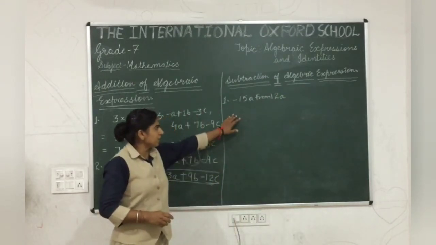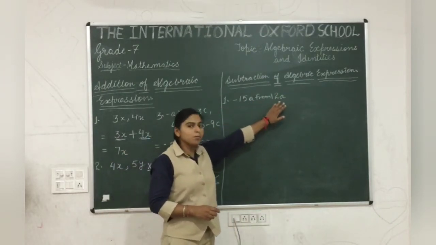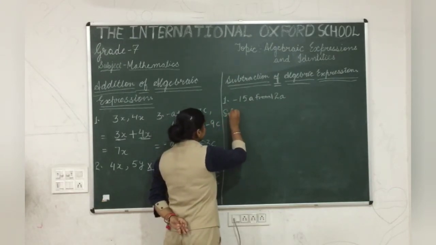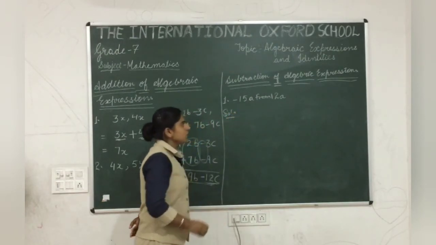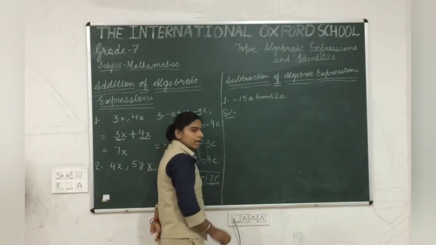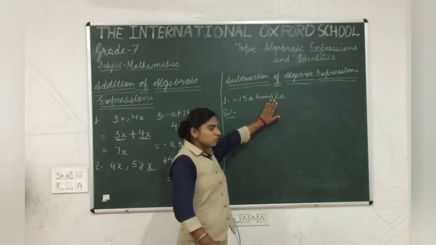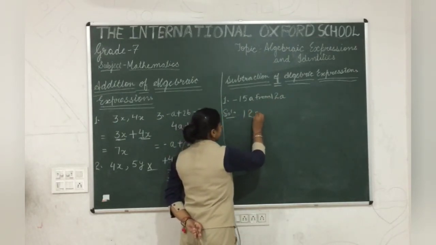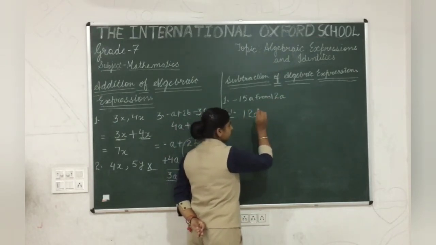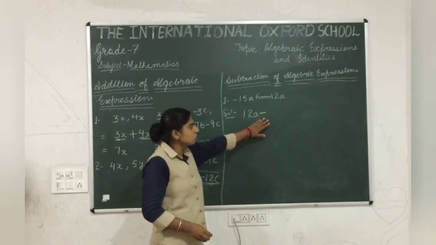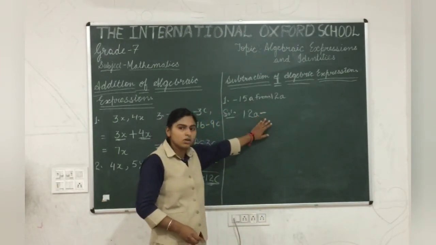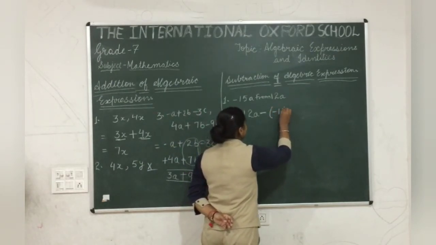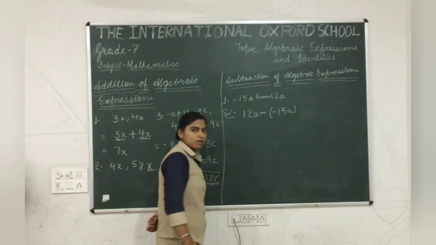Now we want to subtract minus 15a from 12a. And the solution is, we will write the term that is with from in the first, that is 12a, and the sign of subtraction, because we want to subtract. And after this we will write minus 15a, that is our second term.